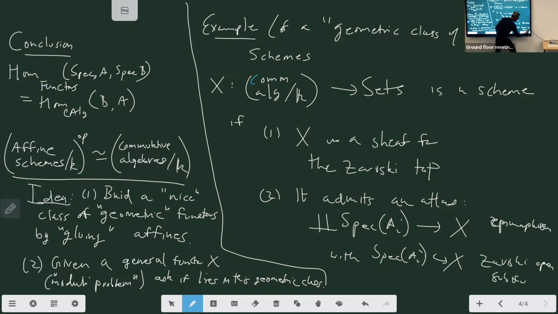I didn't tell you what it means for X to be a sheaf, and I didn't tell you what it means for a subfunctor to be an open subfunctor. But that's the spirit of the definition, at least. I hope it conveys how one goes about this. You can define a notion of an open subfunctor.